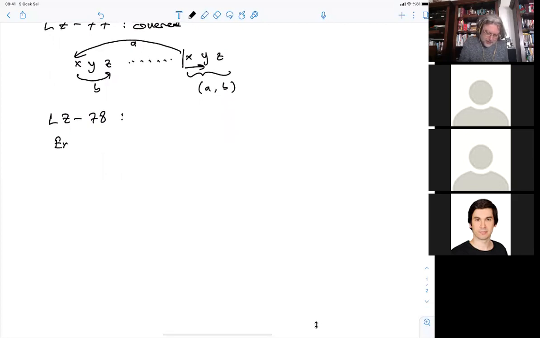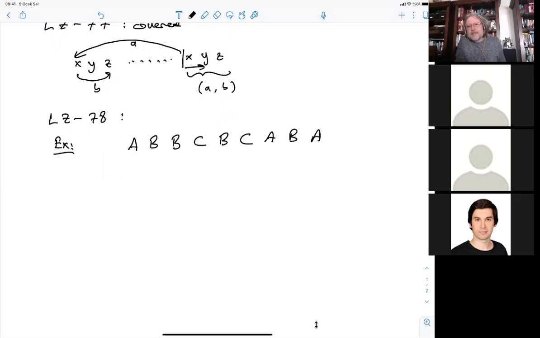The example that we will cover is this. Let's say the letter sequence that we will encode is A, B, B, C, B, C, A, B, A. And as you will see, if the examples are short like this one, usually the efficiency is not visible.